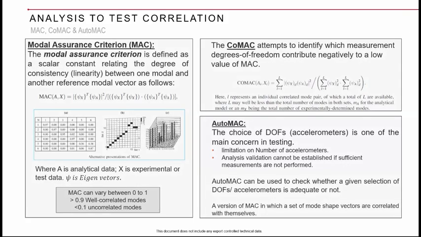So before going for the testing, if you conduct AutoMAC by considering the responses from your model itself, assuming that these are the critical mode shapes, and from these critical mode shapes, these are the accelerometer locations which I would like to have, and that AutoMAC, if it is giving you a good result on predicting the correlation matrix that you intend to be perfect, then that actually gives you exact locations or good locations of the accelerometers. Okay, so we'll see the physical significance of it in the next slide.